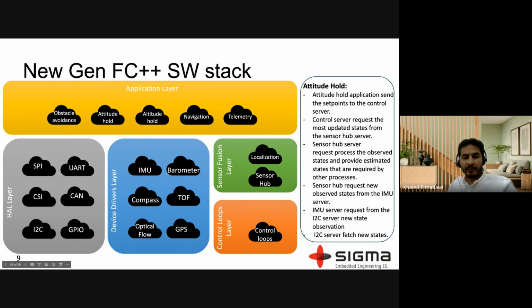Simply, what have we done here? We have built the new generation flight controller software stack based on a service-oriented architecture. But what is the service-oriented architecture?